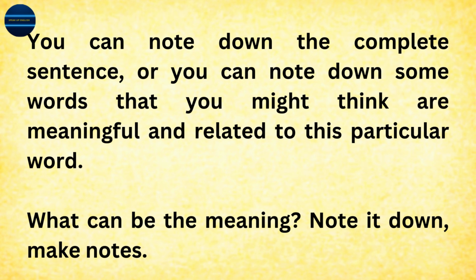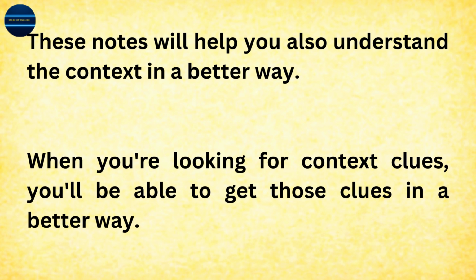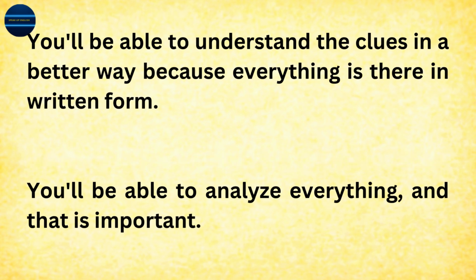Make notes. These notes will help you also understand the context in a better way. When you're looking for context clues, you'll be able to get those clues in a better way because everything is there in written form. You'll be able to analyze everything, and that is important.